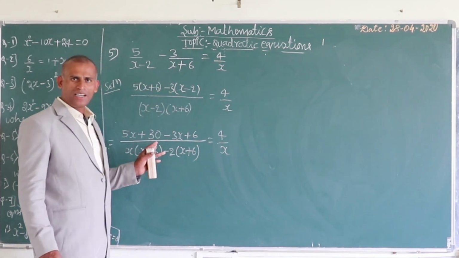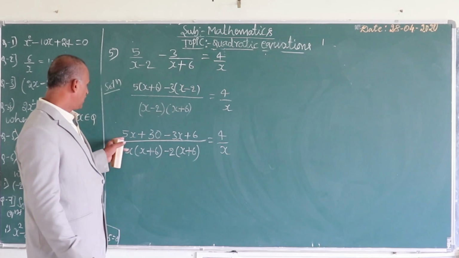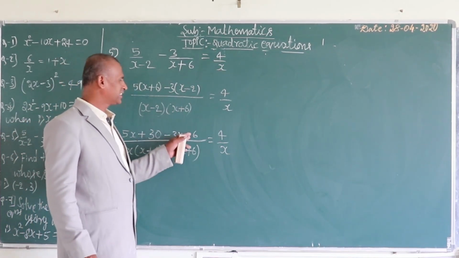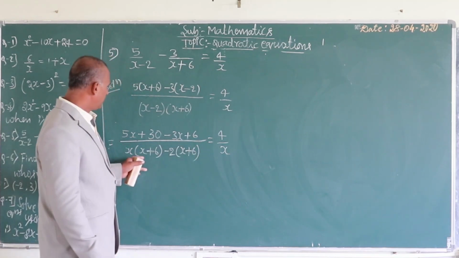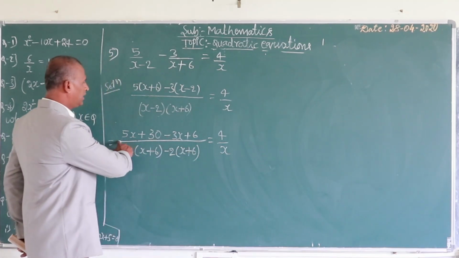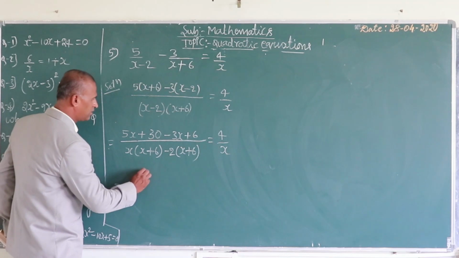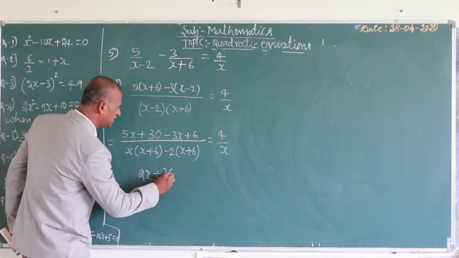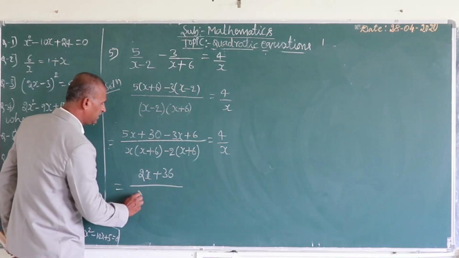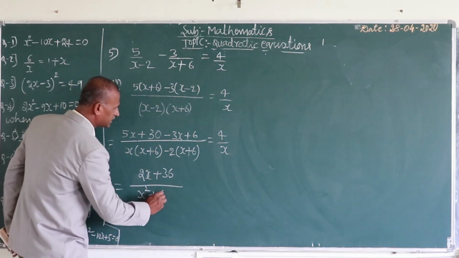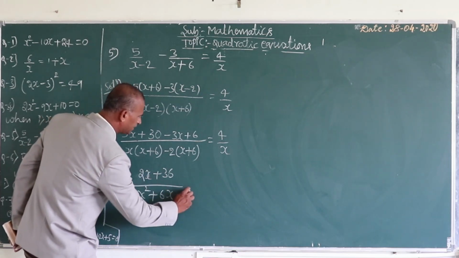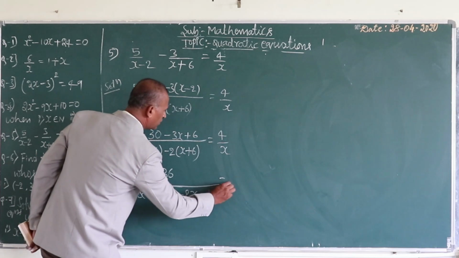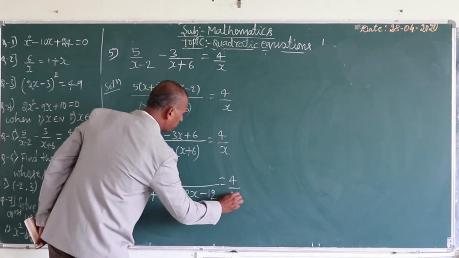After that we multiply. 5x minus 3x is 2x. 30 plus 6 is 36. Down, x into x is x square, plus 6x minus 2x minus 12, equal to 4 by x.